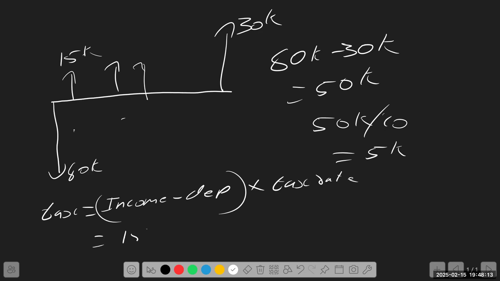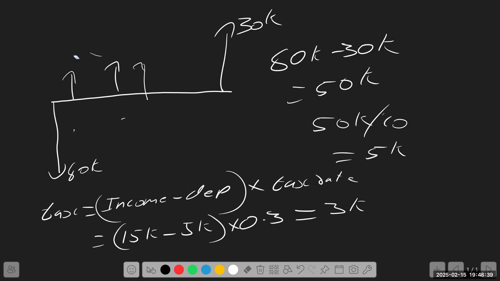So how much here? 15K minus depreciation 5K, that is 10K, multiplied by 0.3 tax. So it will be 3K. So 3K is my tax. So what is my net income? 12K will be.